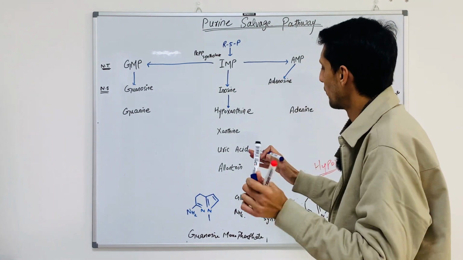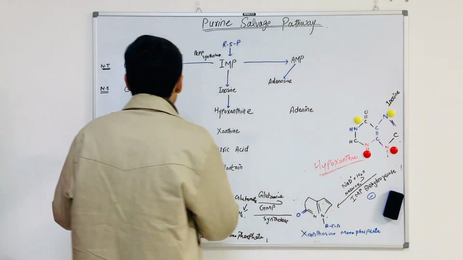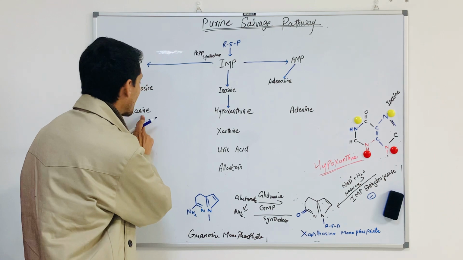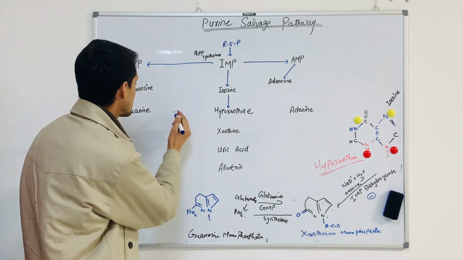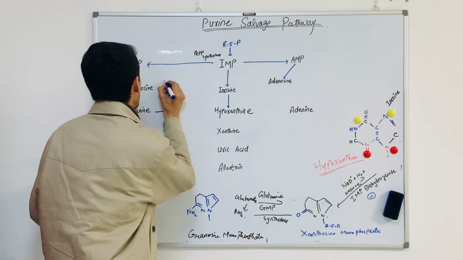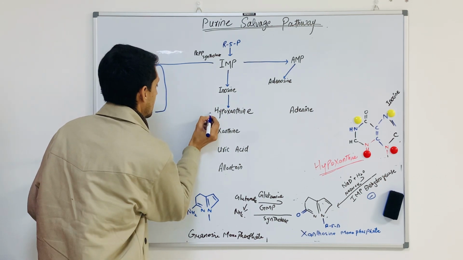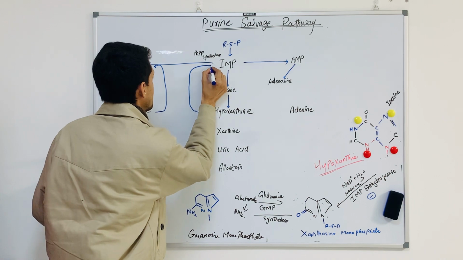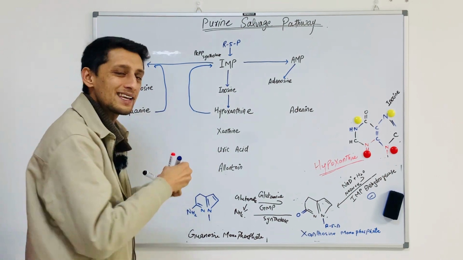Now just keep in mind what actually happens. For hypoxanthine and guanine, these two free bases can be converted into their monophosphates by a single enzyme.